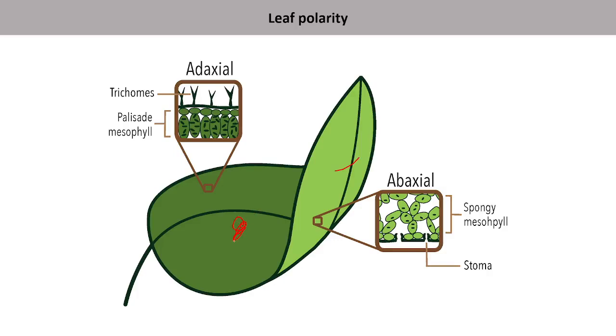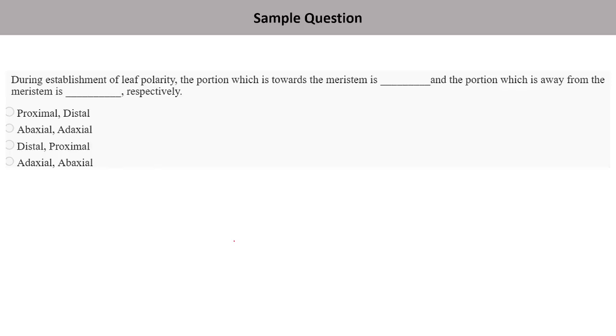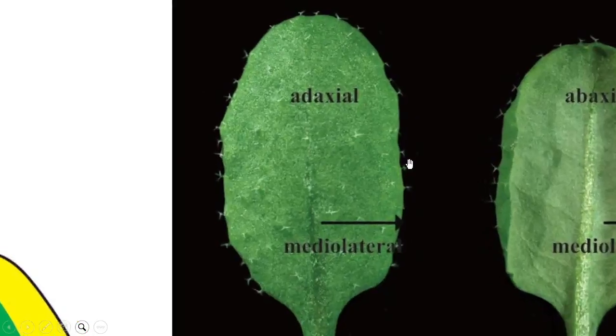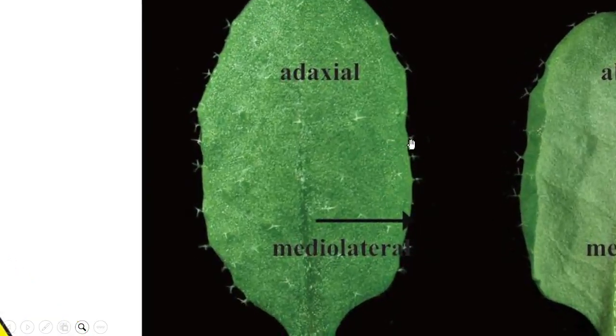Now, since the question was about the establishment of leaf polarity, the stage will be when the leaf is formed. So try to understand from this figure. If you look at figure B first, this is the leaf of a plant called Arabidopsis, which is a model plant belonging to the Brassicaceae family. If you look at the leaf of this plant, you can see very tiny white, spike-like structures.